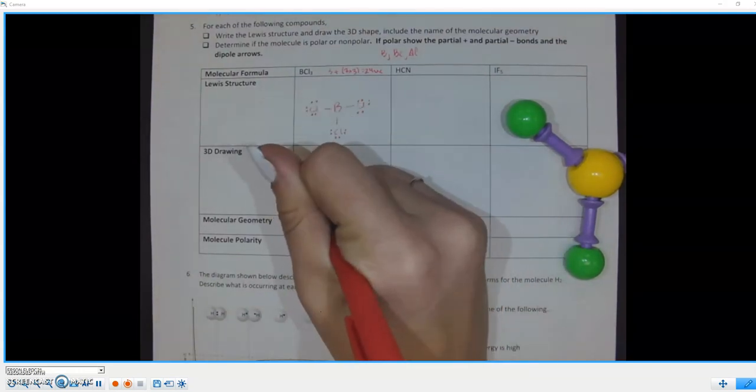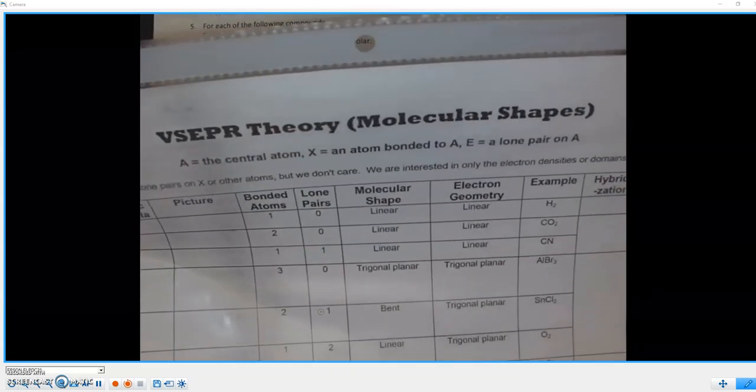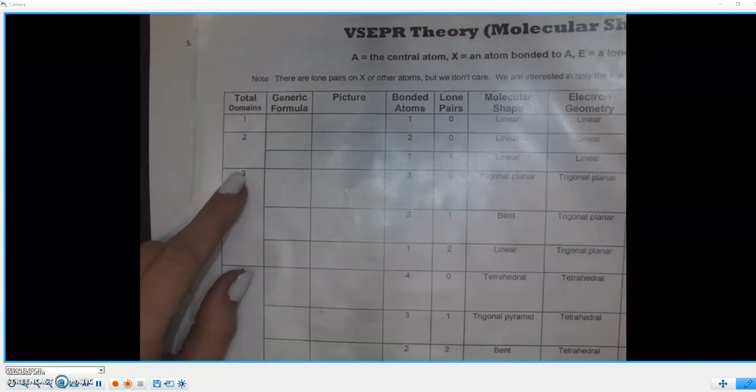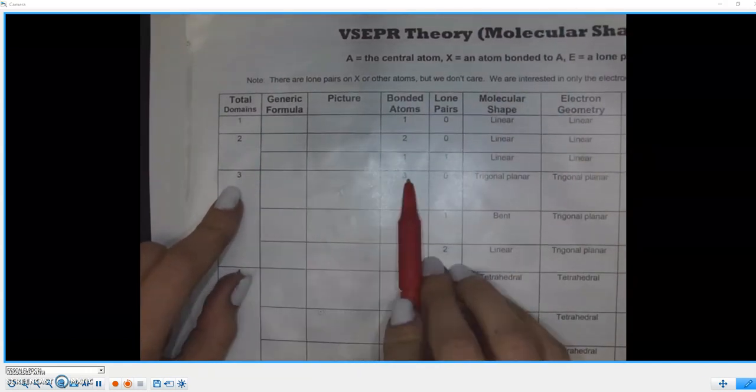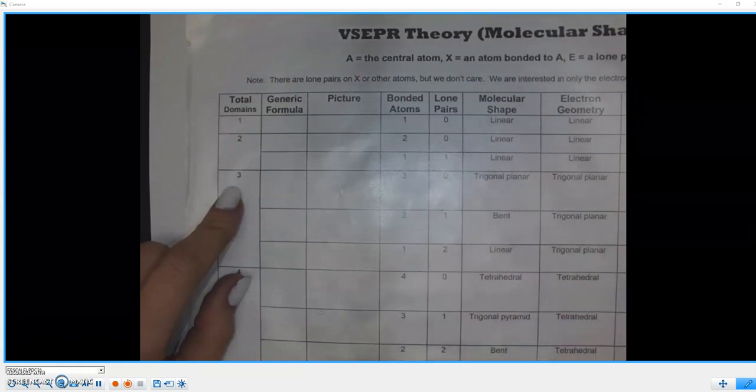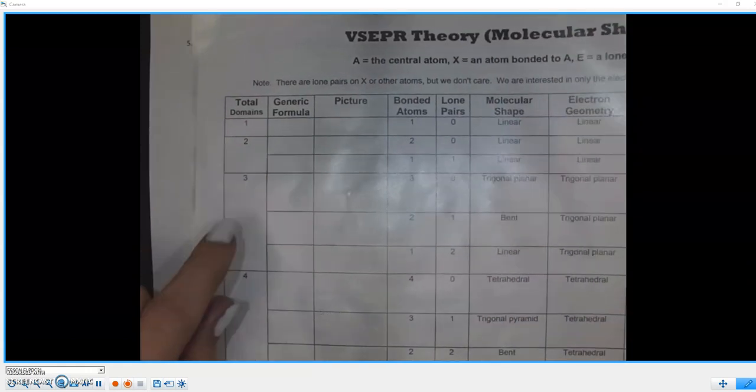Chlorine, chlorine, and chlorine. Again, I have the shape guide. It is on your quiz, the parts that you need, and so you don't have to have the separate sheet of paper. We said it was 3 domains, and it was 3 bonded atoms with 0 lone pairs, so that's where we get the trigonal planar for our molecular shape.